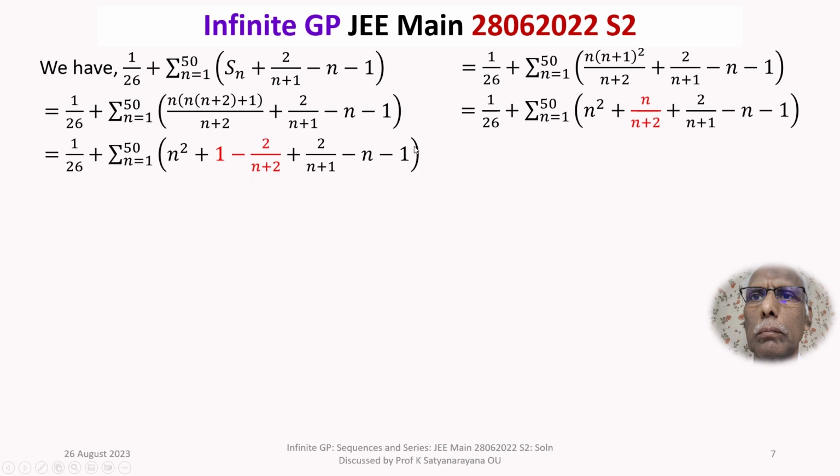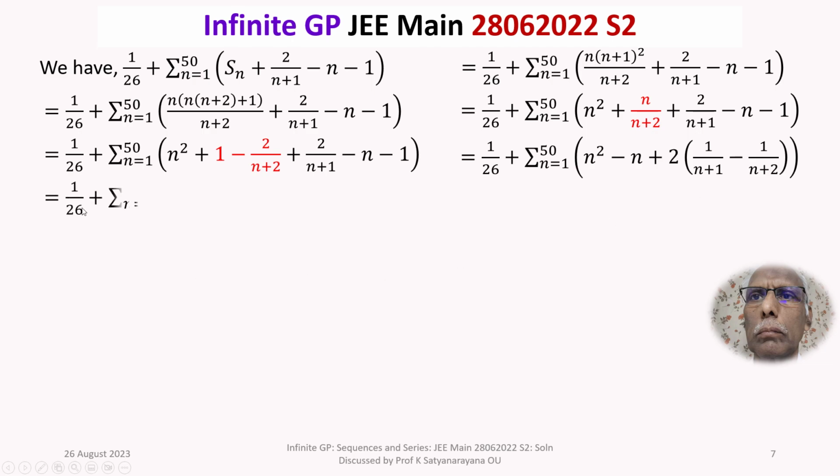Plus 1 minus 1 cancels, and rewriting the terms, 1 by 26 plus sigma n equal to 1 to 50, n square minus n plus 2 is taken common between these two, and we get 1 by (n plus 1) minus 1 by (n plus 2). Agreed. Now, the sigma n square value we know, sigma n value we know, and 2 times sigma of this one can be found out, and this is called the telescoping series.